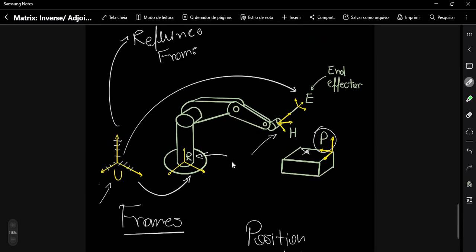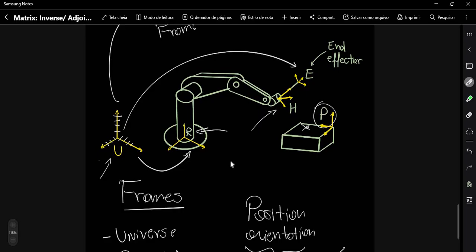So first, we can write a transformation for the base of the robot, for this frame, which is fixed in relation to the reference frame U. And because we want to track the position and orientation, which resumes on the localization, all the time.